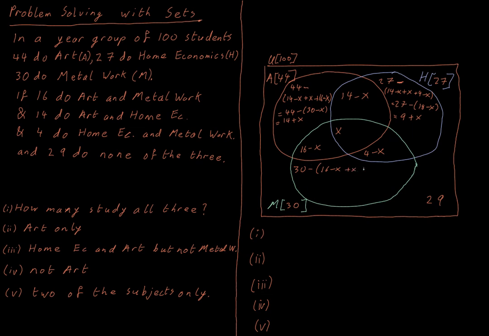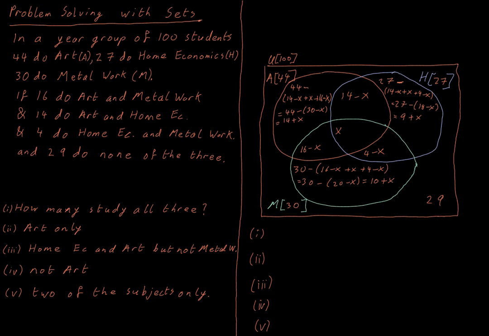So we just add them all up and subtract them away from the total, and that must be what's left in this part of the circle. Minus 20 minus x, so we end up with 10 plus x. Again, minus multiplied by 20 and then minus multiplied by minus x, so we end up with 30 minus 20 plus x is 10 plus x.